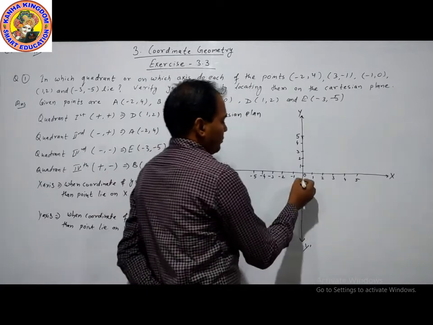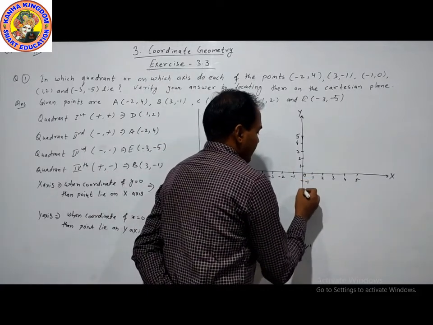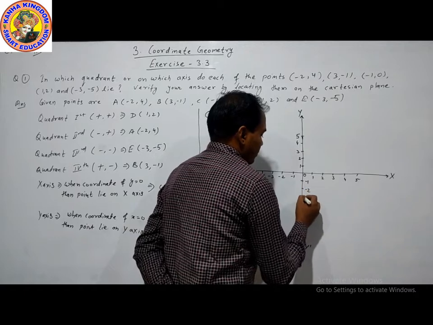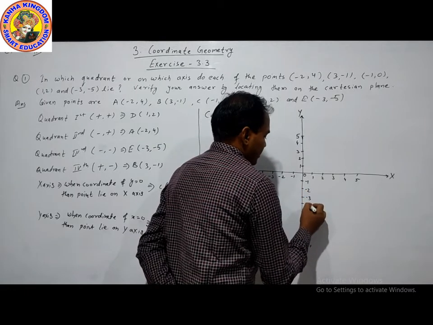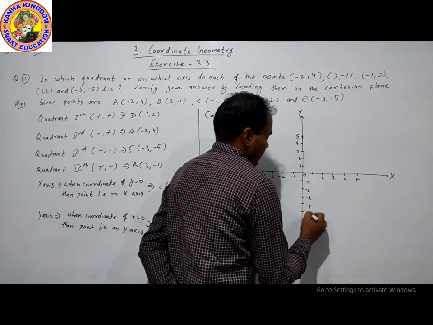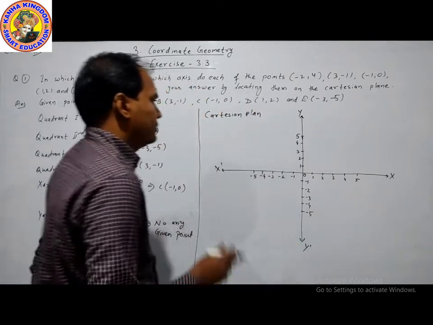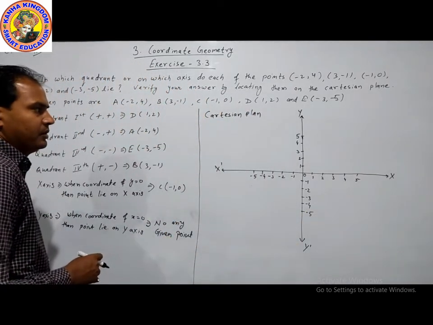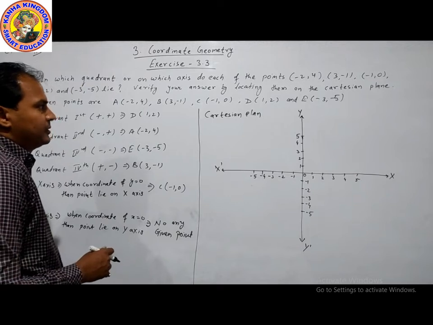Now on the minus side: -1, -2, -3, -4 and -5. So this is our graph in the Cartesian plane.